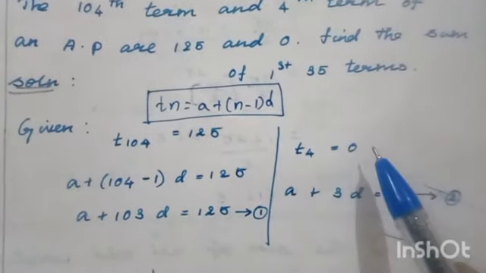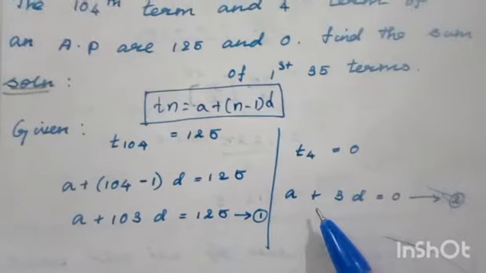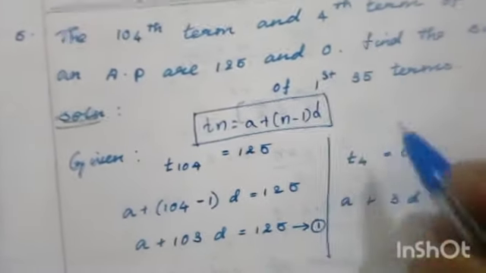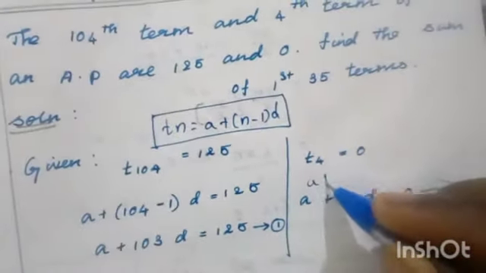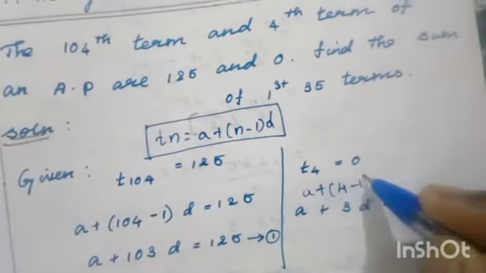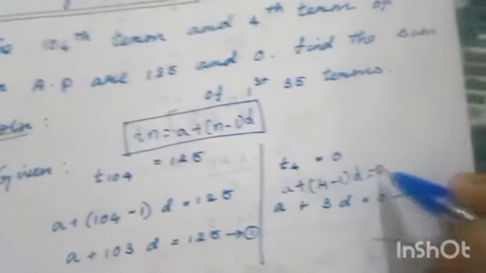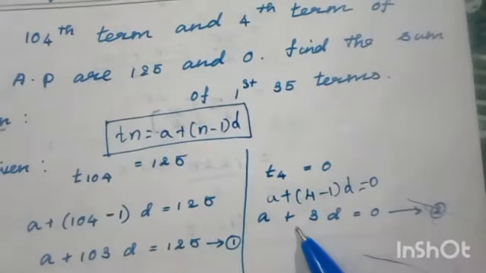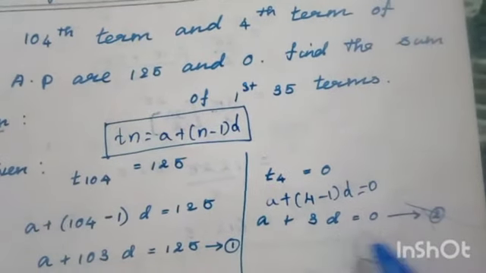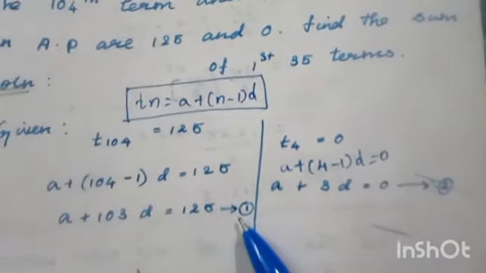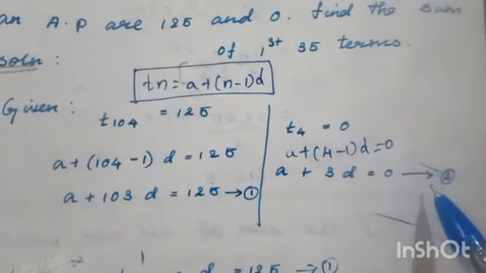Then T4 equal to 0 is given, so a plus 4 minus 1 into d equal to 0. So that is a plus 4 minus 1 is 3, 3 into d equal to 0. The first is considered as equation number 1, the second as equation 2.